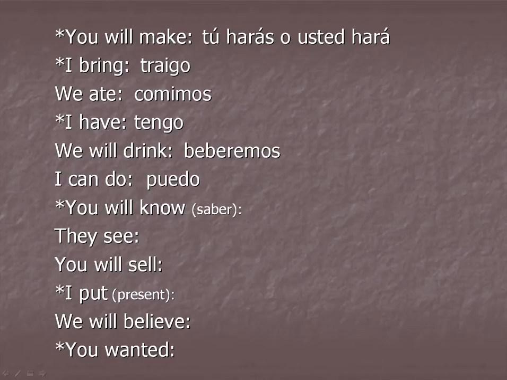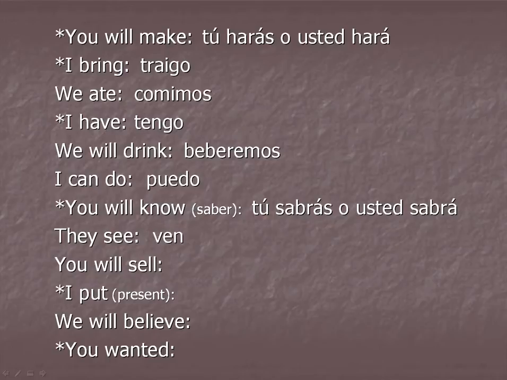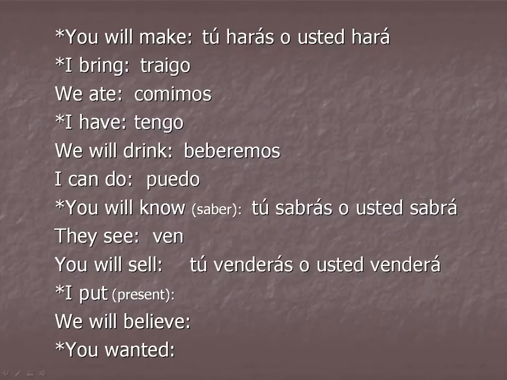You will know, saber. Tú sabrás o usted sabrá. They see. Ellos ven. You will sell. Tú venderás o usted venderá.